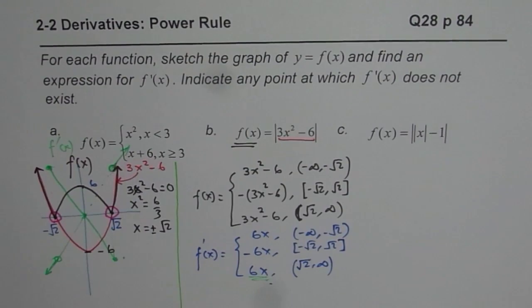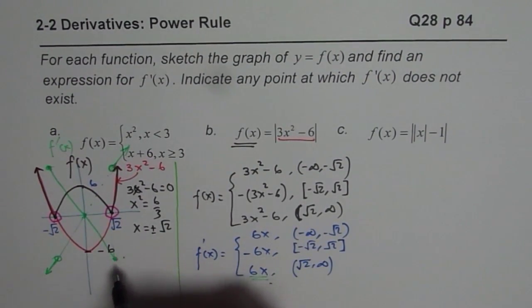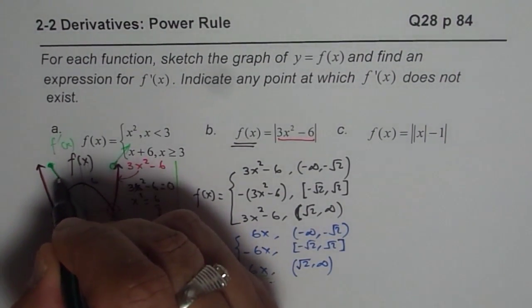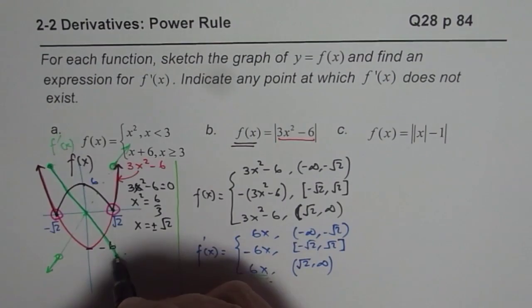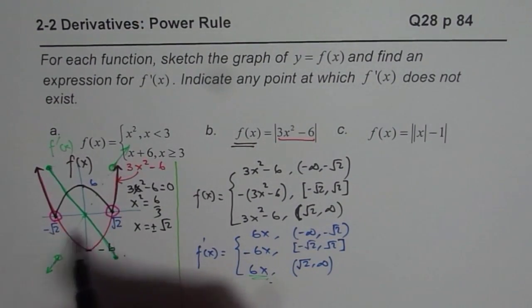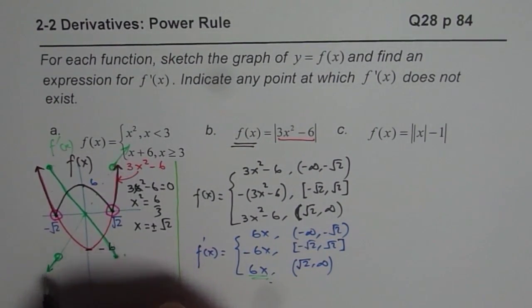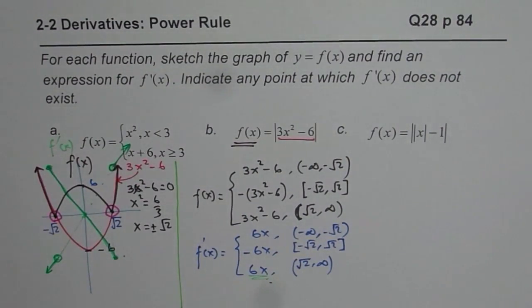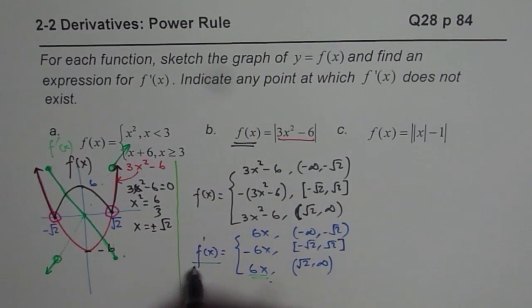Anyway, so I hope you understand how we have sketched f dash x. And it's very clear that it is minus 6x in between. So let me just show you once again. So that is one part of the graph between minus and plus square root 2. The other one is a straight line going away, as shown here, right? So that is how you need to sketch the function f dash x.